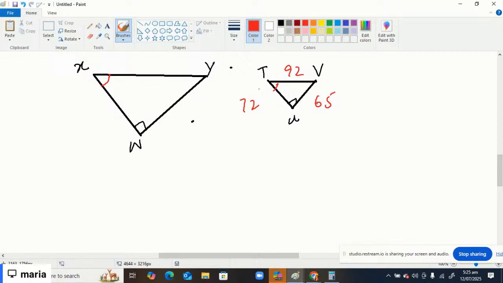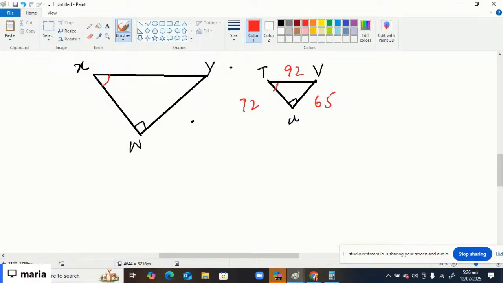As we know, I'm going to explain it again. By the definition of sine, we can see we don't know the side lengths of X, W and Y. But we already know the side lengths of the other triangle, which is T, U and V. Now they are saying to prove the similarity.